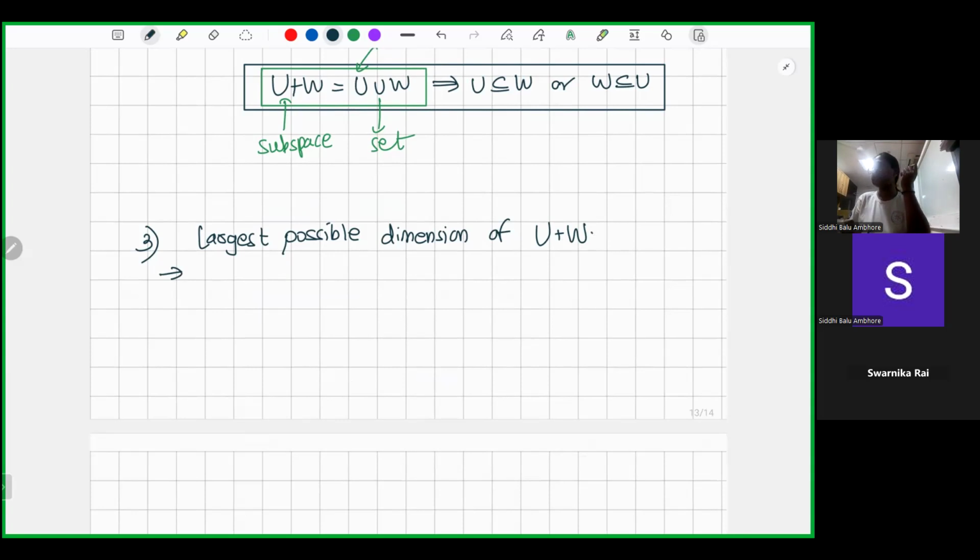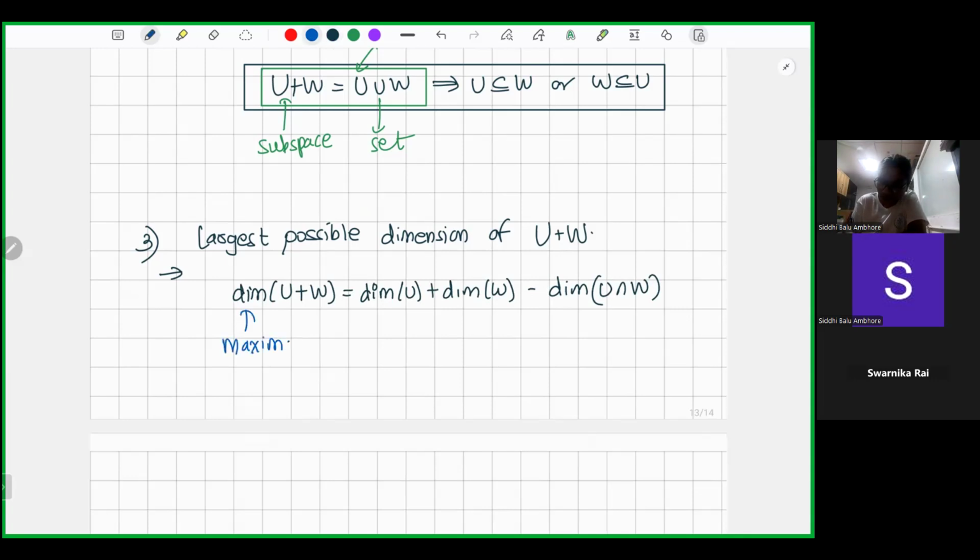Note the dimension of U plus W is dimension of U plus dimension of W minus dimension of U intersection W. So for this to become maximum, this part must be as small as possible, because this is anyway fixed. This is 7 and this is 8.